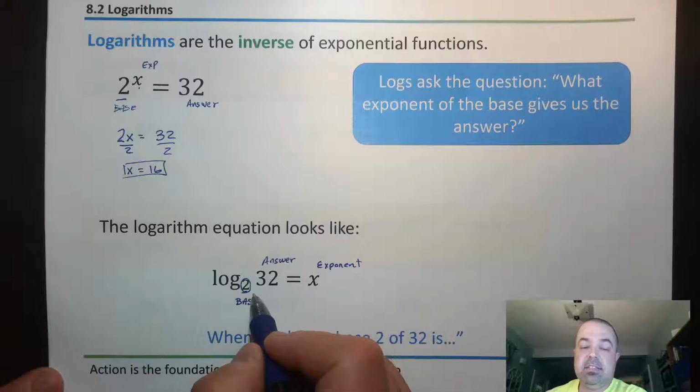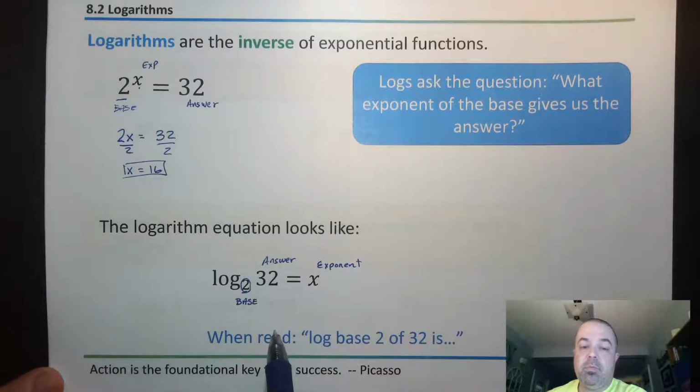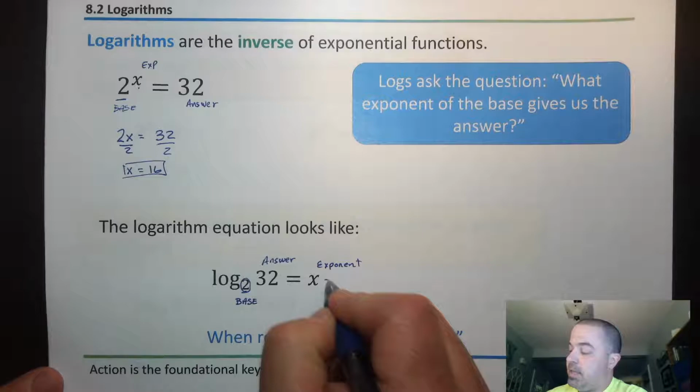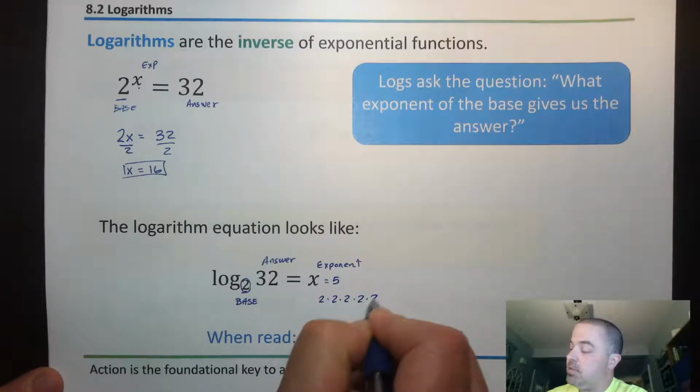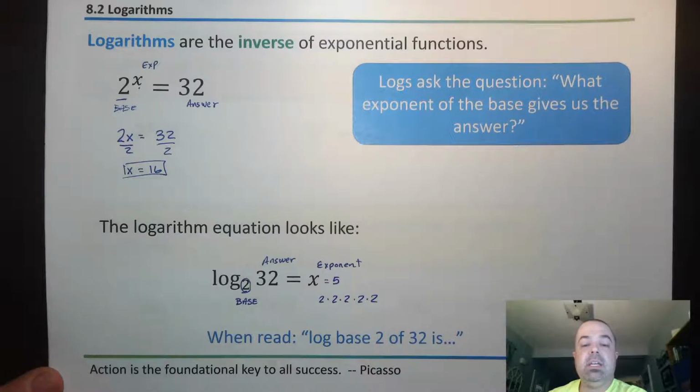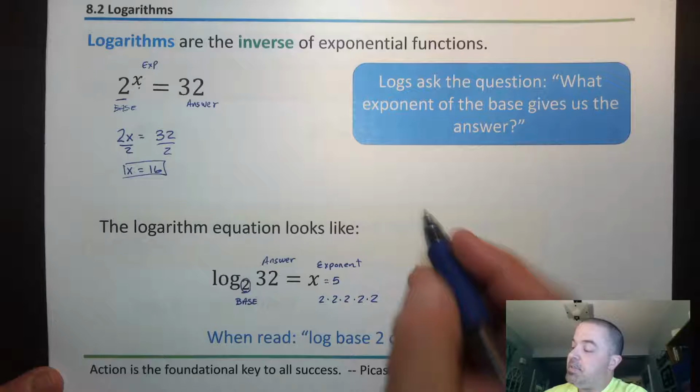So this is read, log base 2 of 32 equals x. I could plug that into a calculator and I would find out that x is equal to 5. 2 times 2 times 2 times 2 times 2 gets me to 32. Okay? So that happens really simply, right?